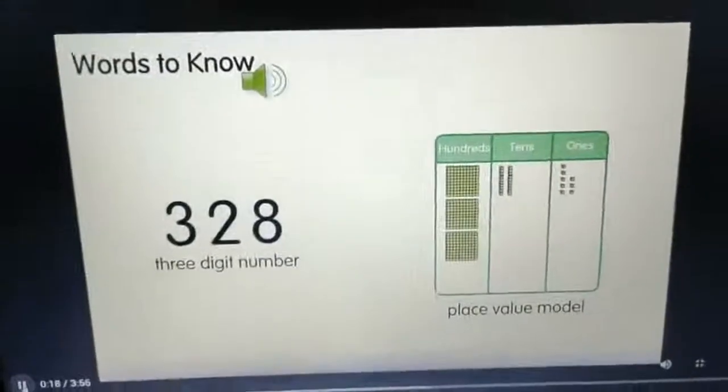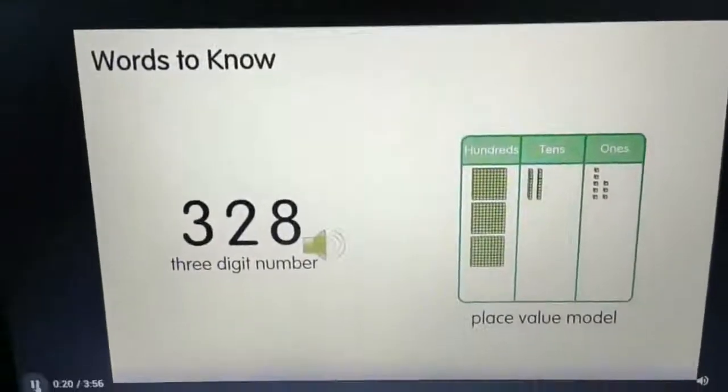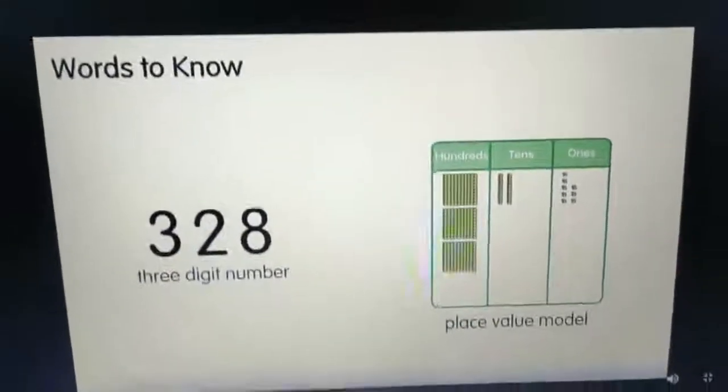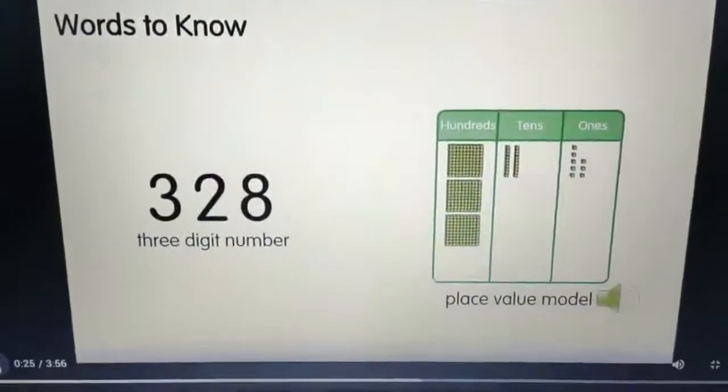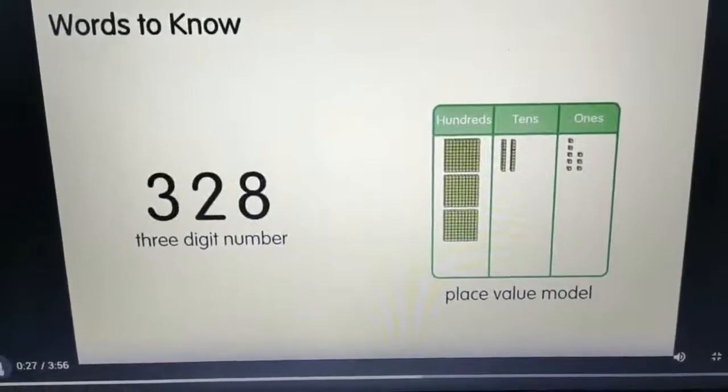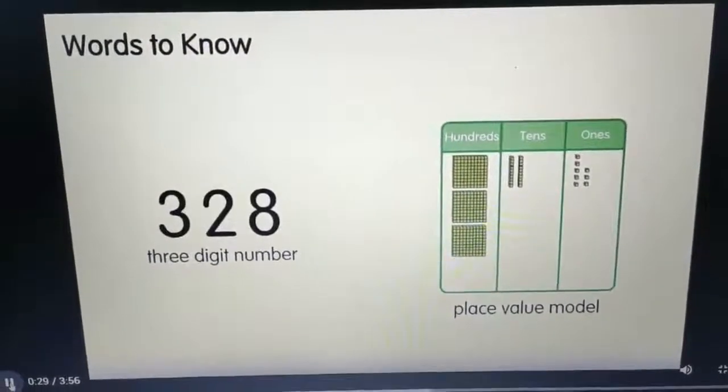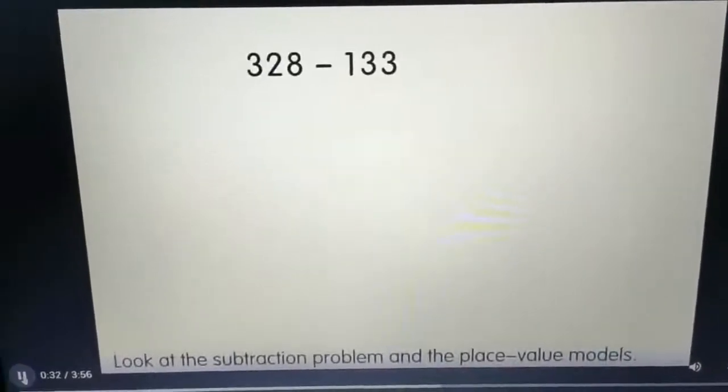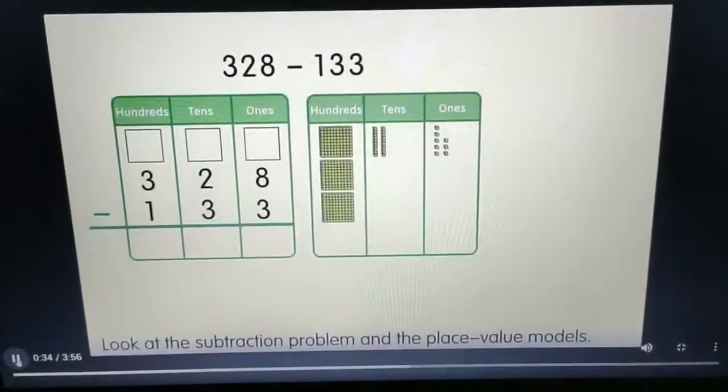Words to know. 3-digit number. Place value model. Look at the subtraction problem and the place value models.